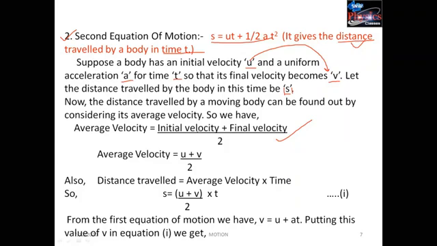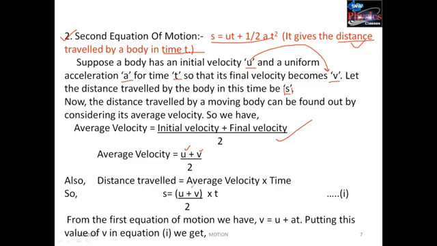Do you remember the definition of average velocity? The arithmetic mean of initial velocity and final velocity is known as average velocity. So for initial velocity u and final velocity v, average velocity is equal to u plus v by 2.